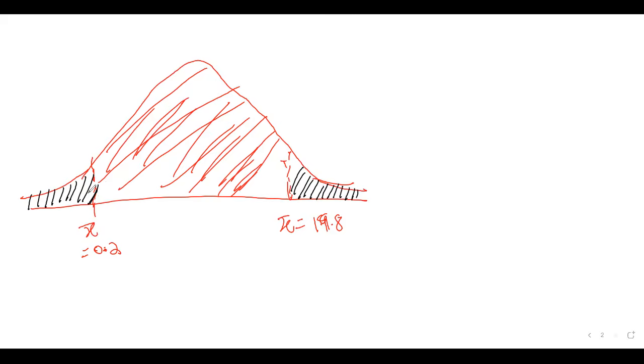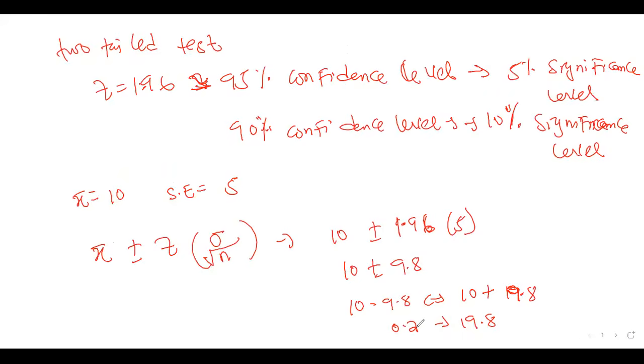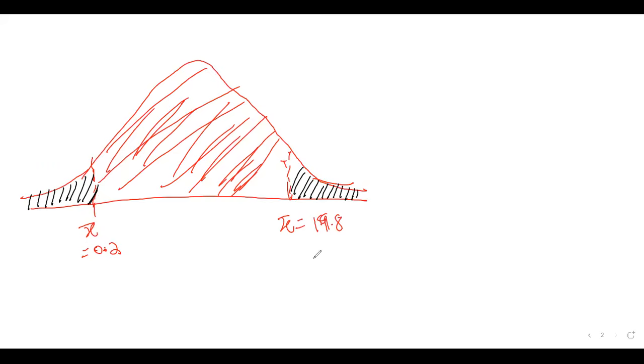So once the value is within the range, we will not reject the hypothesis. But once the value falls outside this range, as in the black section, we are going to reject the hypothesis.